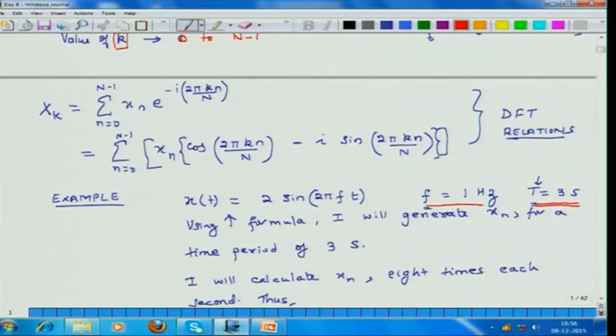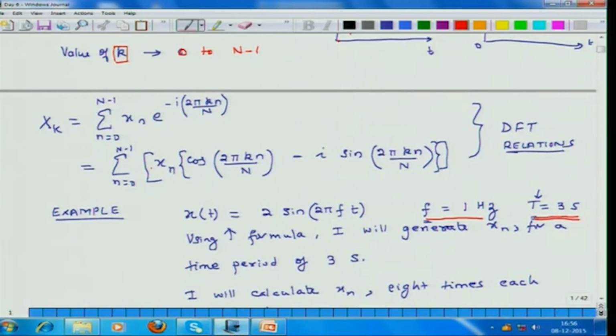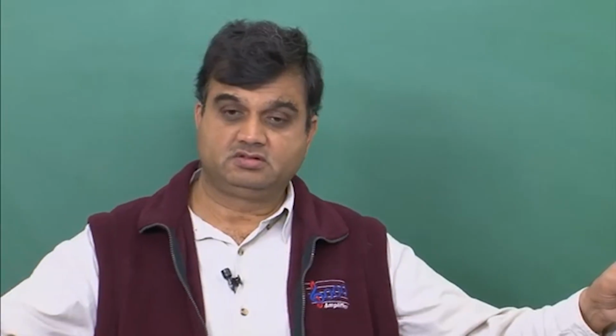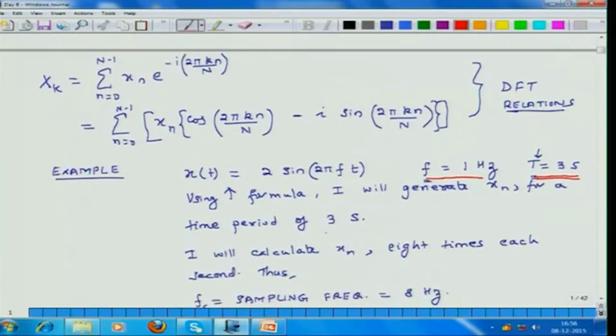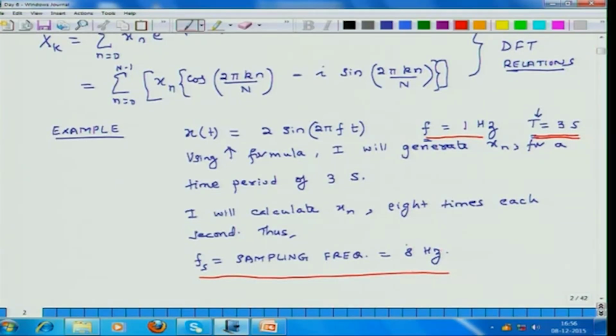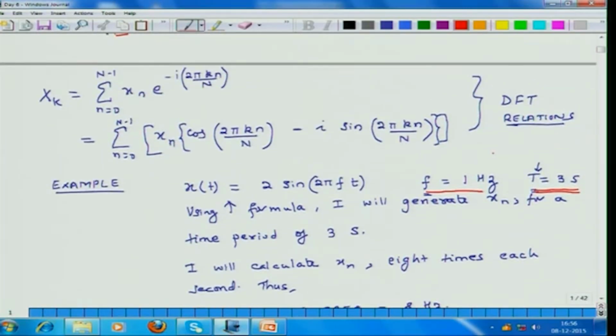The values of x are mentioned, which is xn, but the values of time are not explicitly mentioned. So when we do a Fourier transform, all we require is a series of numbers, and then how they are related to time information is actually dependent on these parameters, fs, duration of time and so on and so forth. So this is again important to understand.